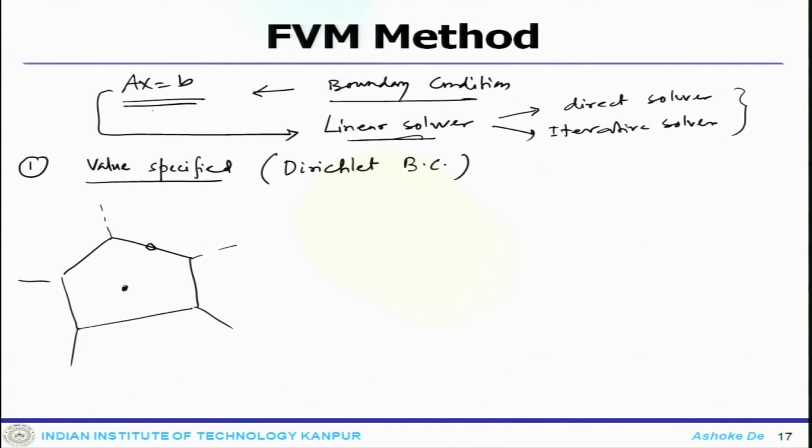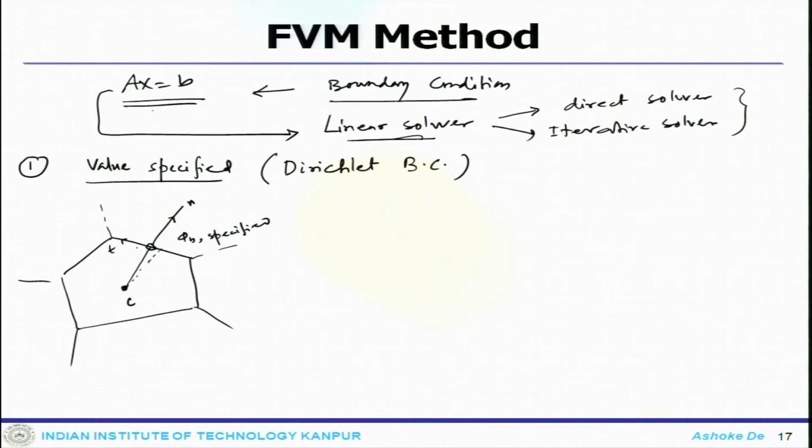Now, this is your C center, and this is connecting, and this would be the normal. And this is where your phi b, this is the boundary surface, this is T, this is specified.